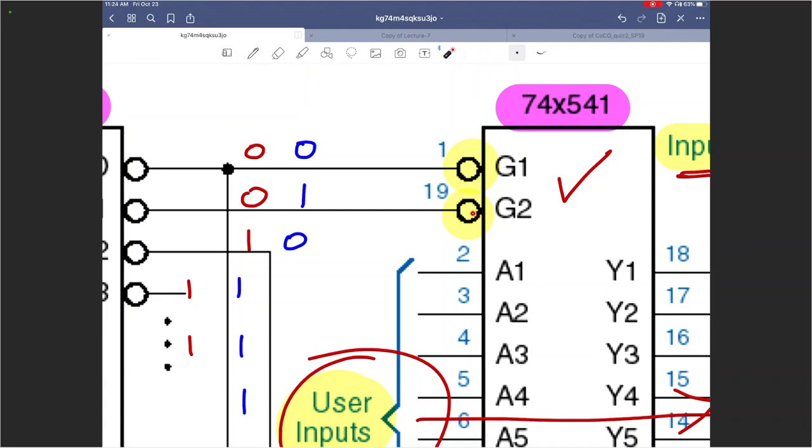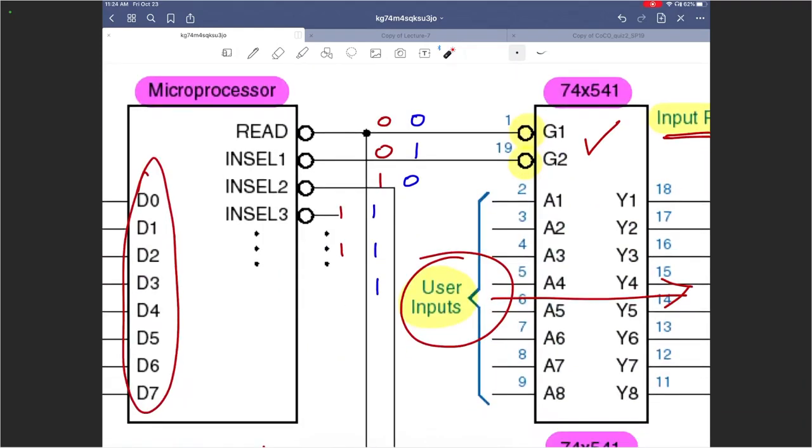One reason is input buffering. I want to have buffers, so I can have a buffer by simply having a buffer, or I can have a buffer by using an inverter. Now, if this guy is an active low output, I can hook it up to an active low input in this case. Because otherwise, I would have had to invert the read output.